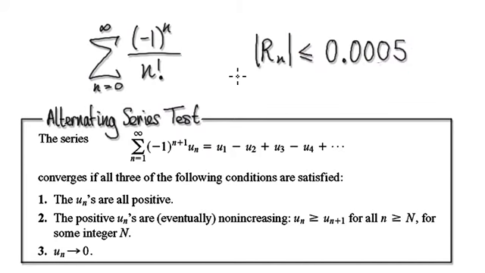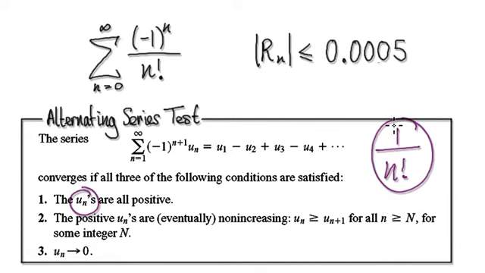Okay, so in order to do that, we need to first make sure that it satisfies these three conditions. So remove your alternating component, remove this component, then what's left will be 1 over n factorial. So this is your un here.